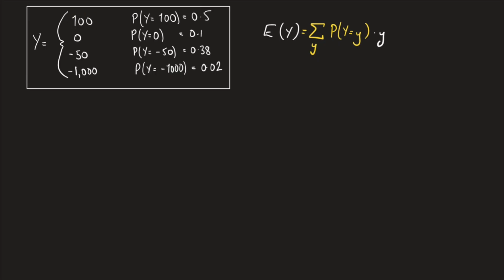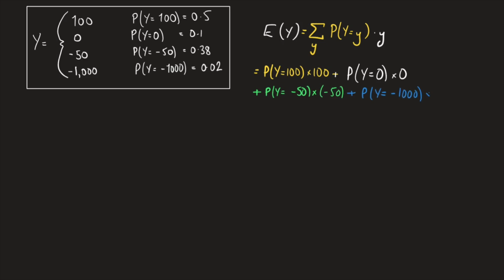So the expected value here is just going to be equal to the probability that y is equal to 100 times 100, plus the probability that y is equal to 0 times 0, plus the probability that y is equal to minus 50 times minus 50, plus the probability that y is equal to minus 1000 times minus 1000.